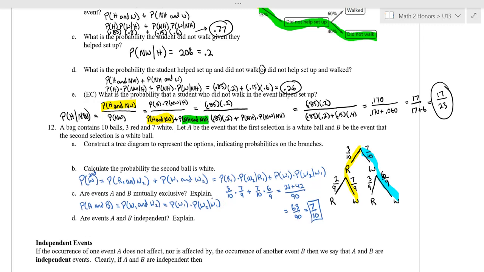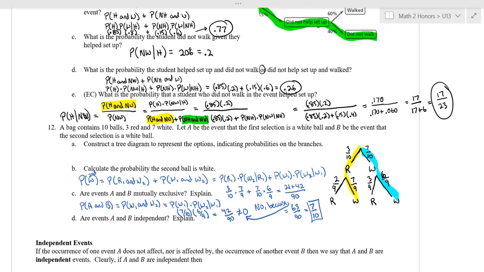So that'd be 7 out of 10 times 6 out of 9, which is 42 out of 90. We can reduce that, but bottom line here is it's not equal to 0. And if it's not equal to 0, then it's not mutually exclusive. And so we're going to say no, because this is not equal to 0.